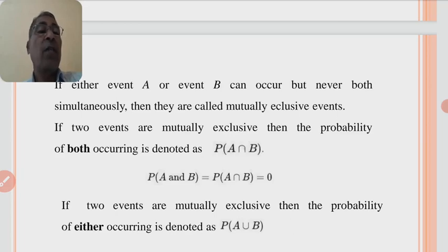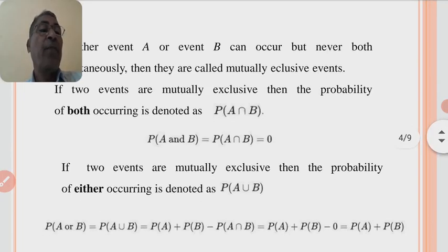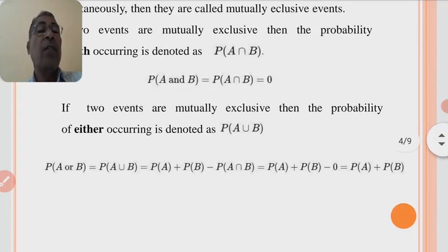If two events are mutually exclusive, then the probability of either occurring is denoted by P of A union B, that can be written as probability of A or B, equal to probability of A plus probability of B minus probability of A and B, equal to probability of A plus probability of B minus 0.